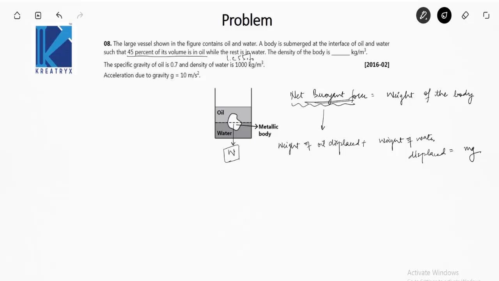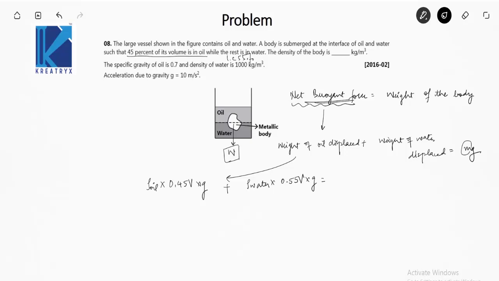What will be the weight of oil displaced? That will be equal to rho vg, where rho will be of oil, and v, what percent of volume is in oil? 45%, so 0.45 v rho g. Plus weight of water displaced, what percentage of the volume is in water? That is 0.55, so rho water into 0.55 v into g.